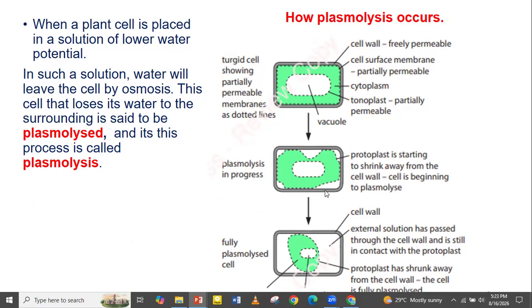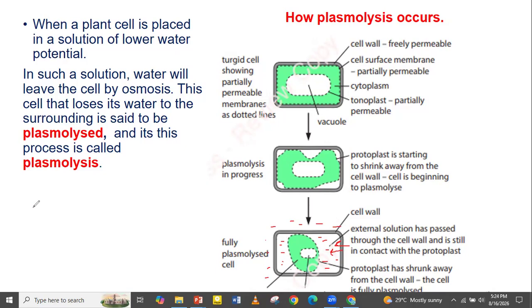Eventually, remember I told you, if this was our external solution, the external solution is going to start entering into this cell. Why? Because remember the cell wall is fully permeable. So the solution will cross the cell wall and come to occupy that space.